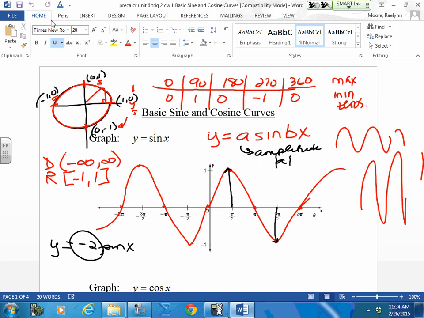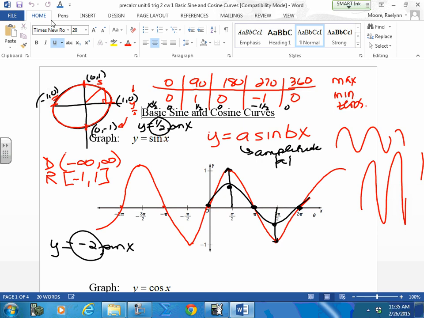Now, if I change my amplitude, an easy way to do this is to take your pattern and multiply everything by your amplitude. Times it by a half. 0, 1/2, 0, negative 1/2, 0. So my new curve, 0, 1/2, 0, negative 1/2, 0. I keep the same curve, but the amplitude changed. That's all I'm changing, amplitude. And it changes the same on the negative side.